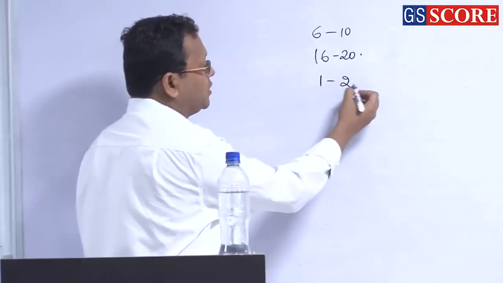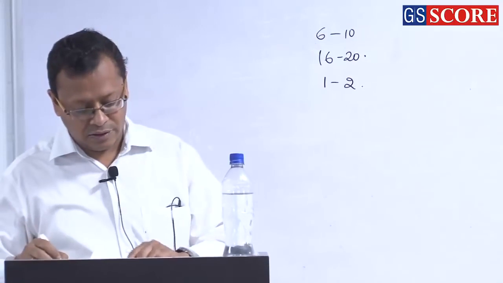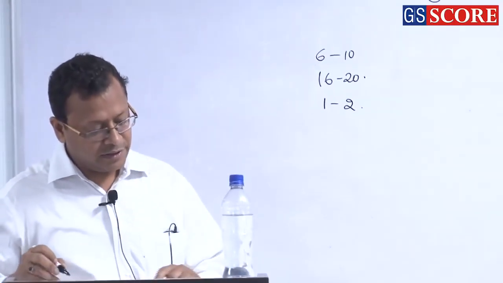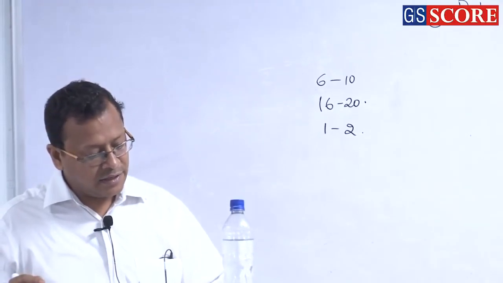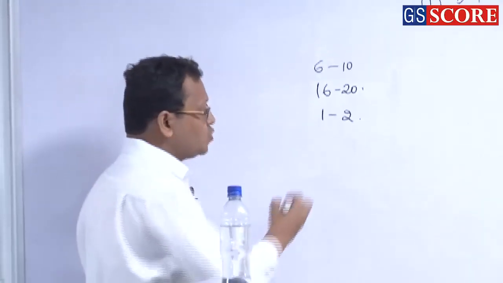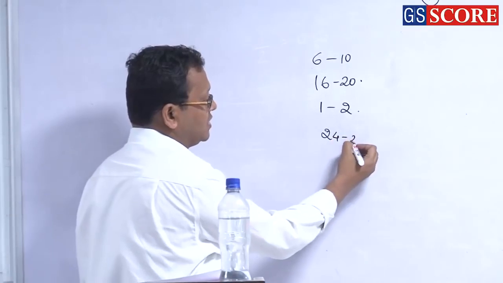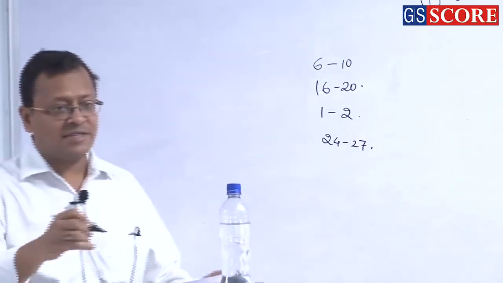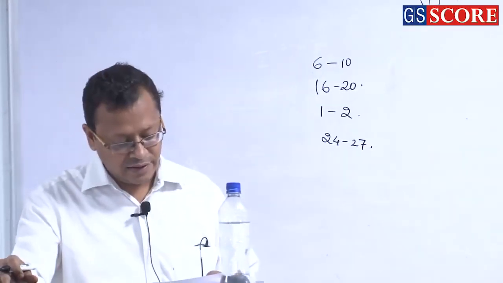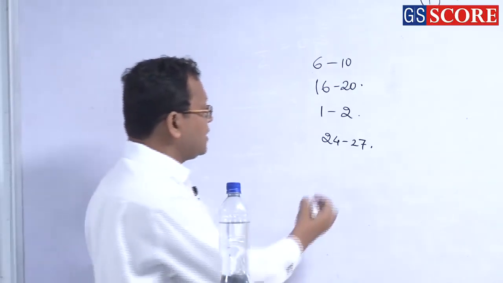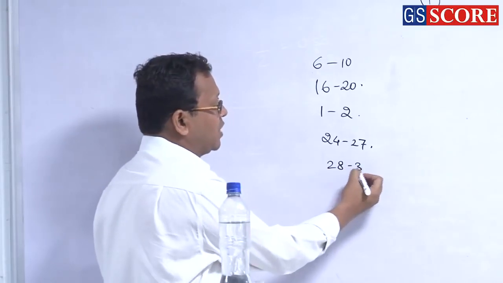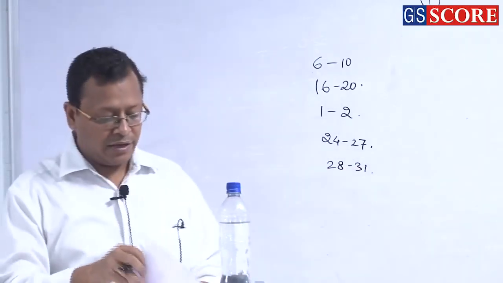Then you can go for 1 and 2, correct? Then now the difficulty level is still rising, right? You can also choose 24 to 27, which is a comparatively easy set as compared to others, right? 28 to 31, I also found that to be a little bit calculative, but an easy one, okay?